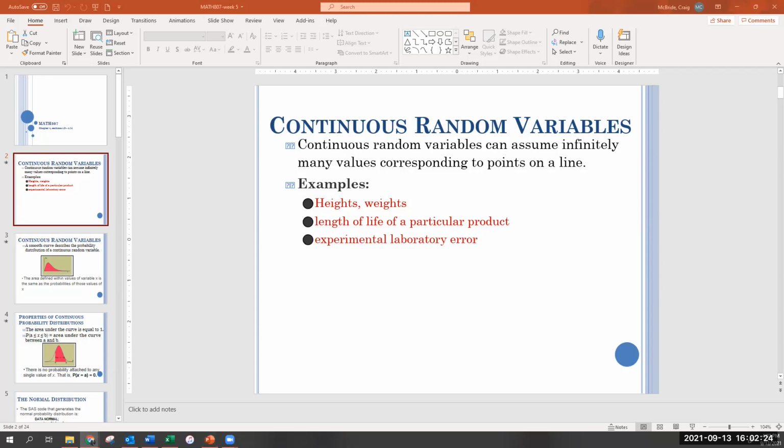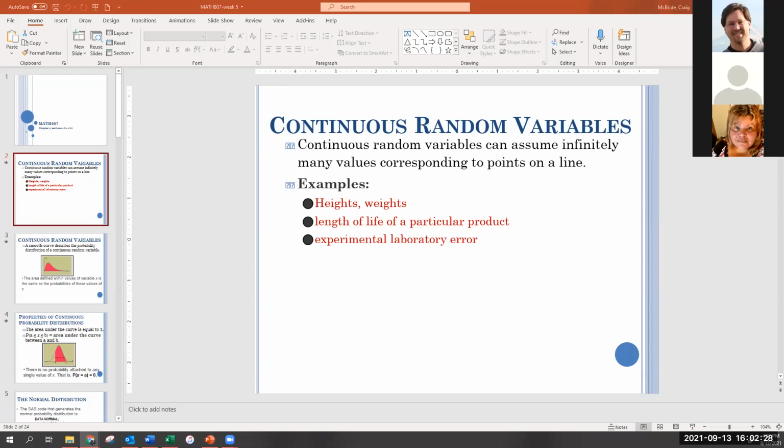So they work off data that is discrete data, counts, you count the number of things. Well, now we're going to be using the normal curve and z-scores, and those are things that are done with continuous random variables, things that are measured. Remember, discrete is counted, continuous is measured.